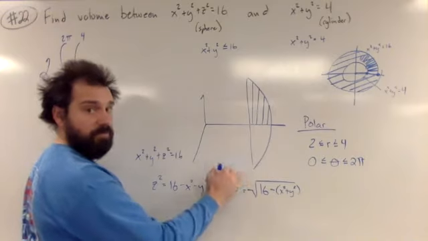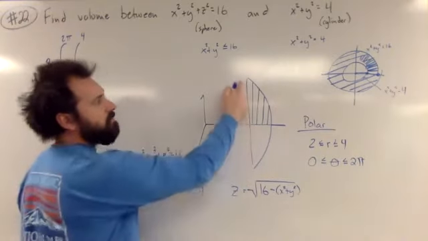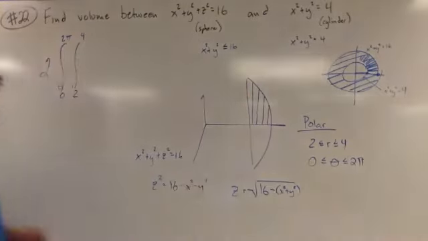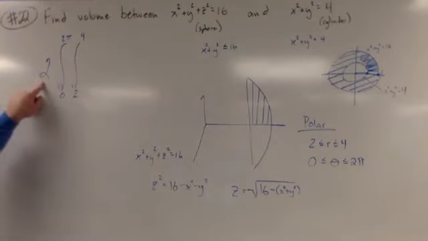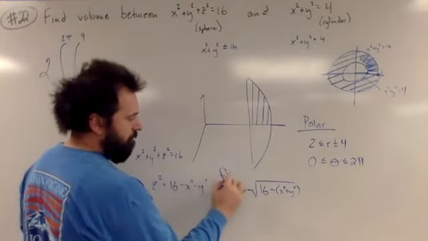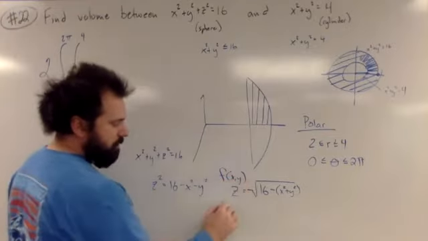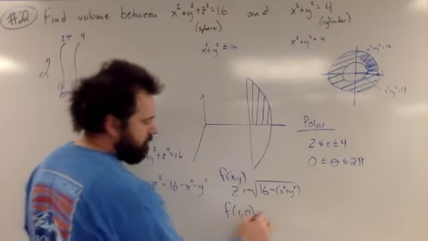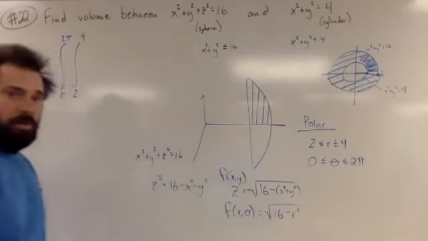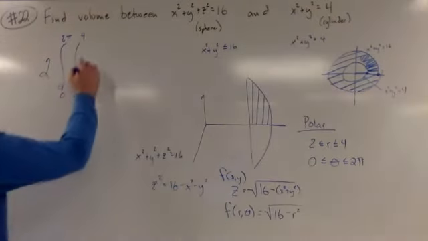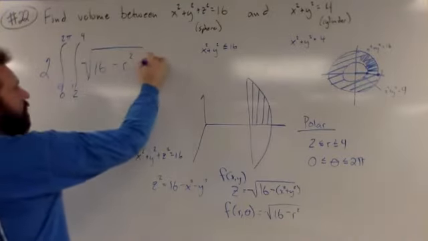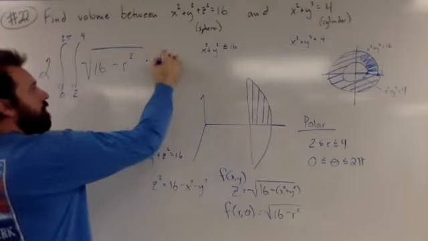But instead of dealing with both of those, I'm just going to take the positive part up here and multiply it by 2 to get the total volume that's created. So this is my function of x's and y's. To write this as a function of r's and thetas, I'm going to have the square root of 16 minus r squared. Remember my r, don't forget that.